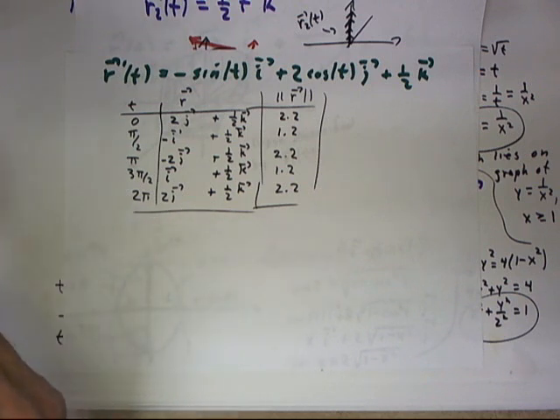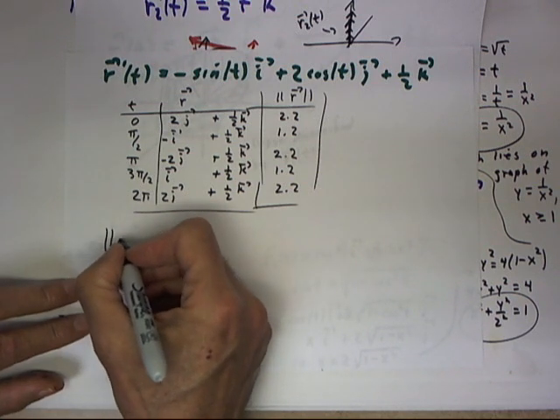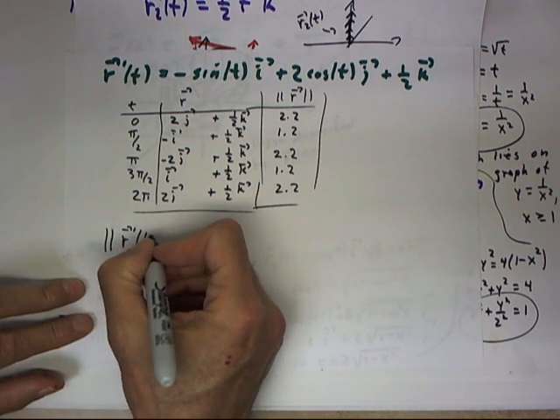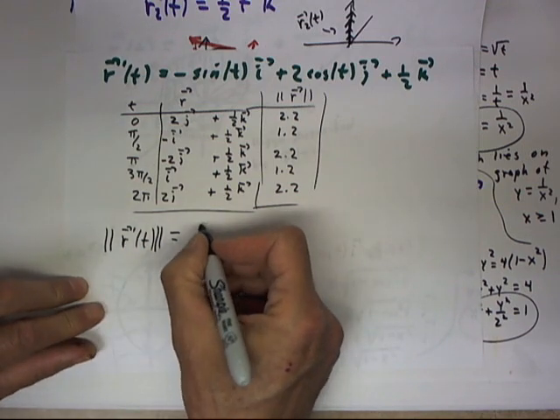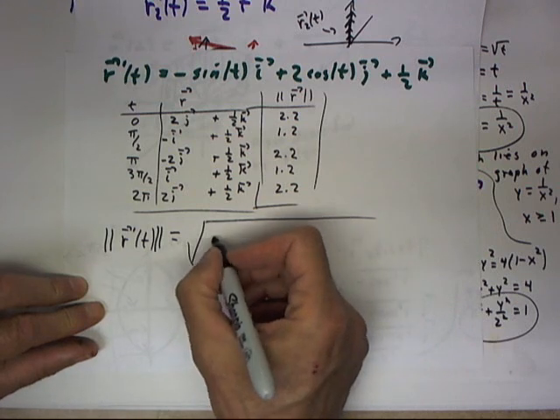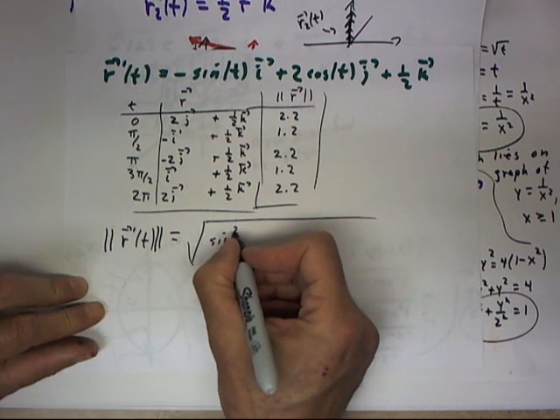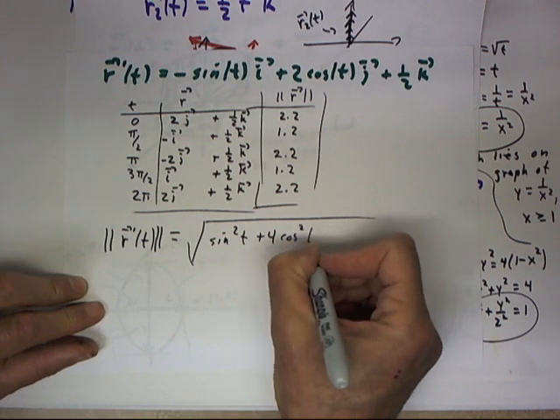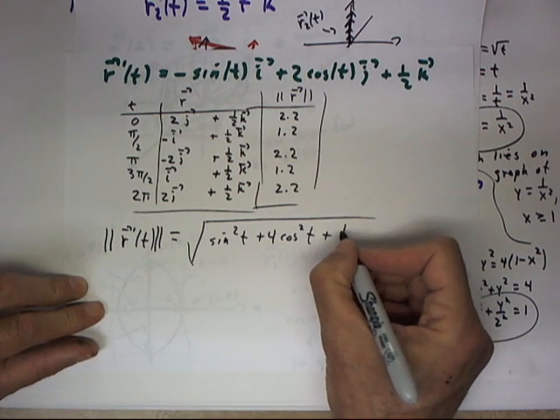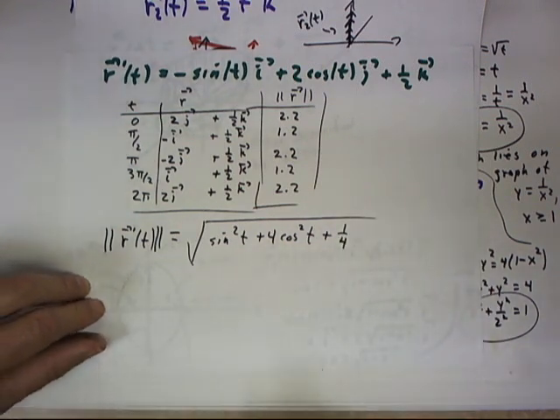We can consider the magnitude of our r prime of t function, and that's going to be what? Square root of sine squared of t plus 4 cosine squared of t plus 1/4.